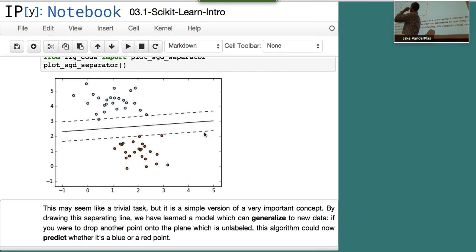We have blue points on top, and red or brownish points on the bottom. A classification task might be to say, I want to draw a dividing line between these two groups of points. And this is the dividing line that the algorithm came up with that divides those two groups of points. So that's the model we fit to the data.